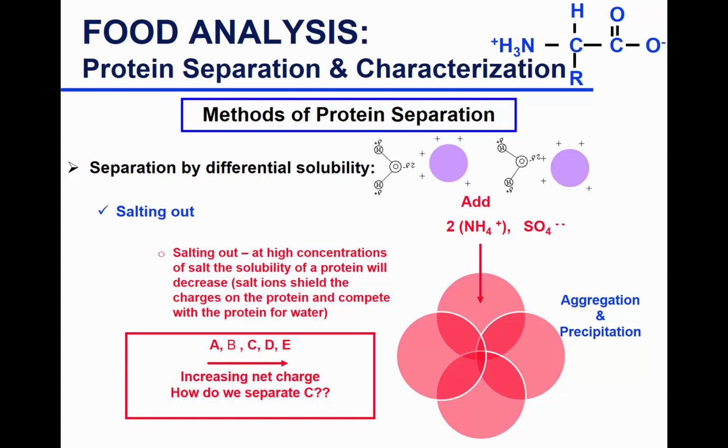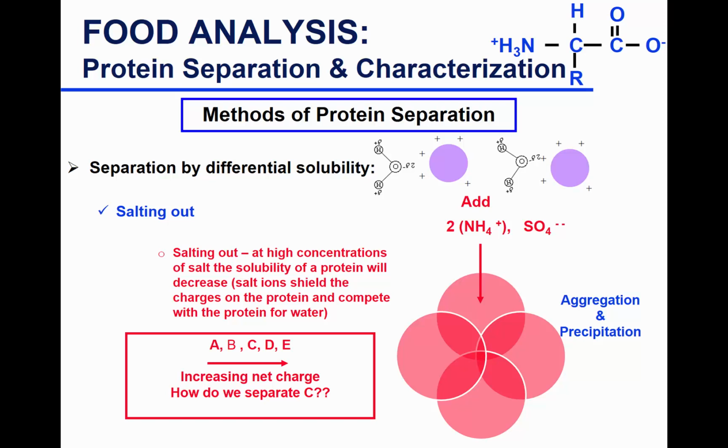How do we separate C from the mixture? Would you first separate A and B, or D and E and A? How do you do that?